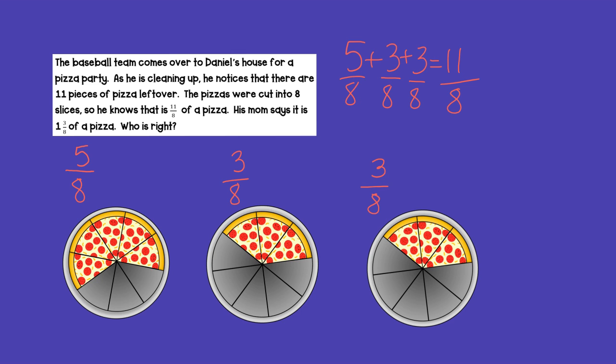A unit fraction has 1 in the numerator. So we're going to decompose, or break our fraction down, into unit fractions. The first fraction we have is 5/8. That breaks down into 1/8 plus 1/8 plus 1/8 plus 1/8 plus 1/8.